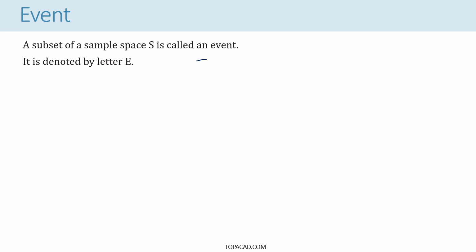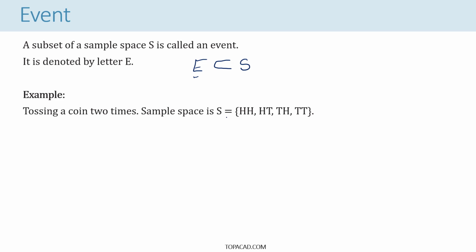Next thing in probability that we have to know is an event. Event is nothing but an outcome in a sample space, or it can be a group of outcomes in a sample space. Event is also called a subset of the sample space. For example, we saw the sample space when we toss a coin 2 times. It could be HH, HT, TH or TT.